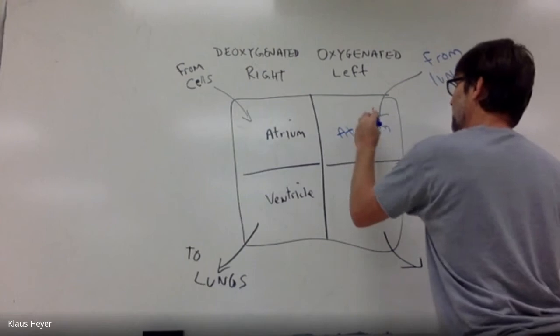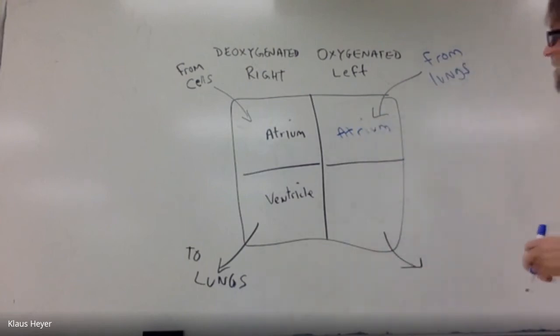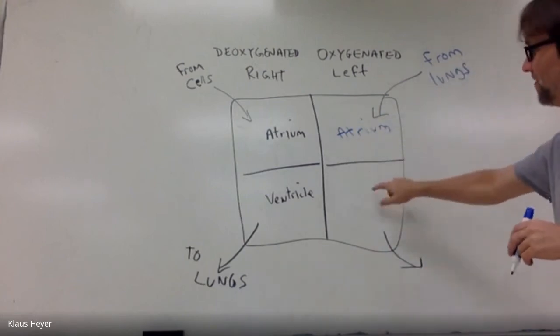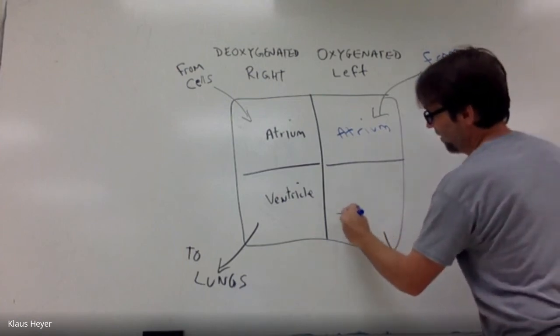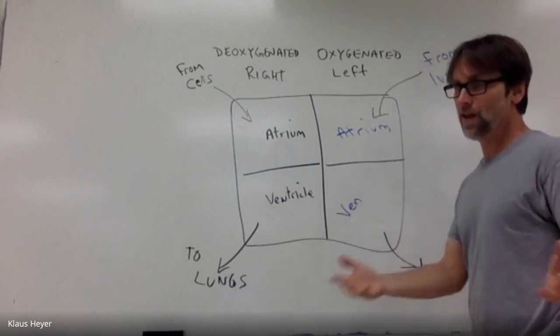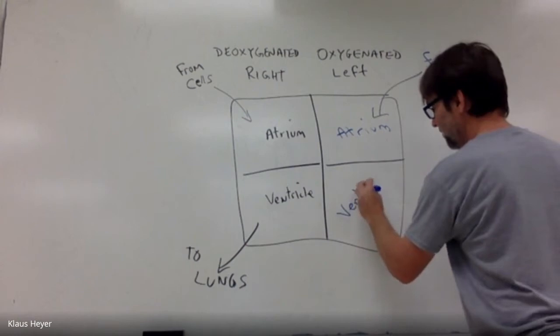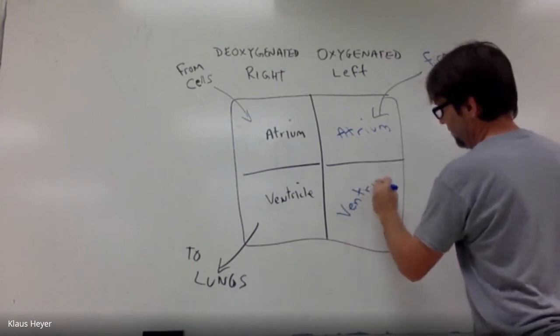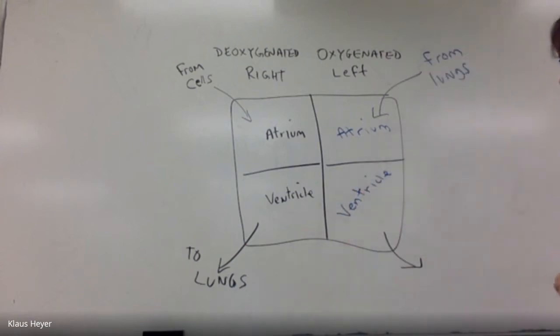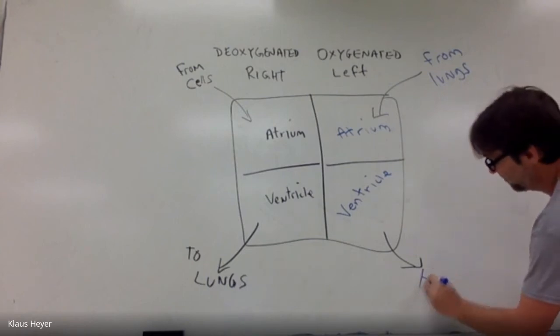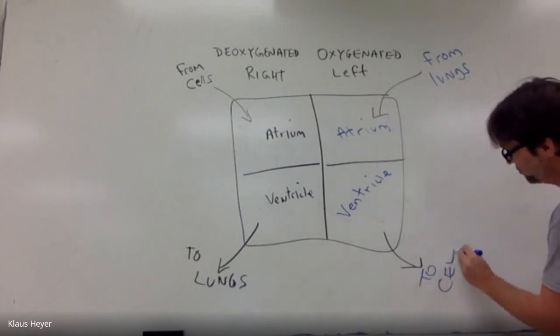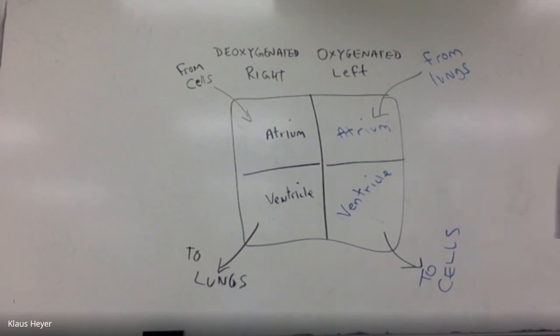Left atrium is going to turn around and give it to the ventricle. Hey, ventricle, I've got oxygenated blood. Go send this out to all those cells. Send it out everywhere to tissues or cells. Cells are tissues. Send it out.